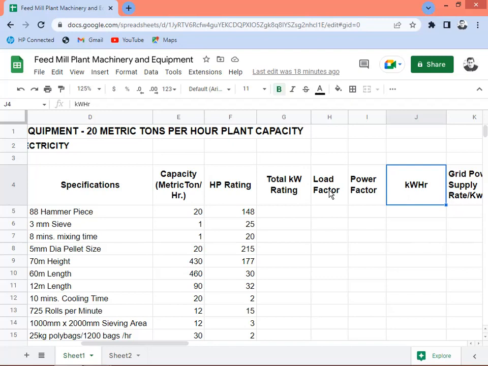We're going to have it based on the period of time that we're going to utilize the equipment. For example, if you're going to utilize the equipment for 8 hours of operation, then the total kilowatt rating multiplied by the number of hours would be our kilowatt hour. So it is period based.